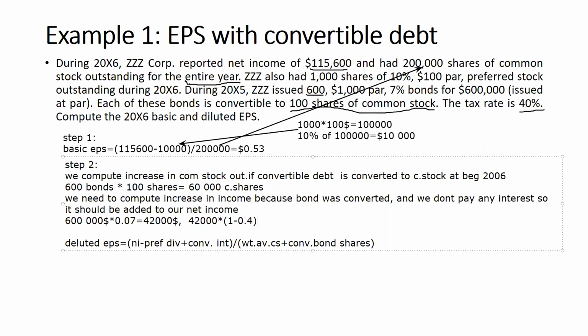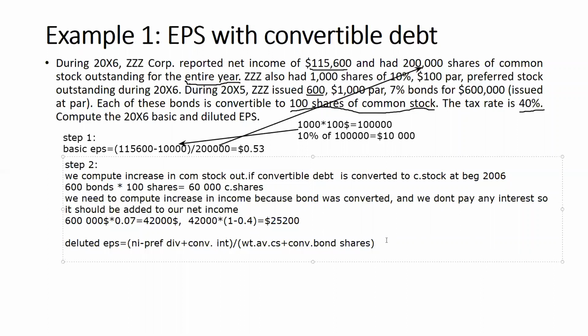Great. Let me just calculate. If you just times 42,000, it gives 25,200, if I'm not mistaken. Yes, good. This is the increase in income that should be added back.